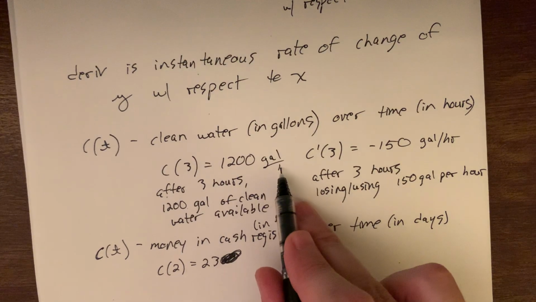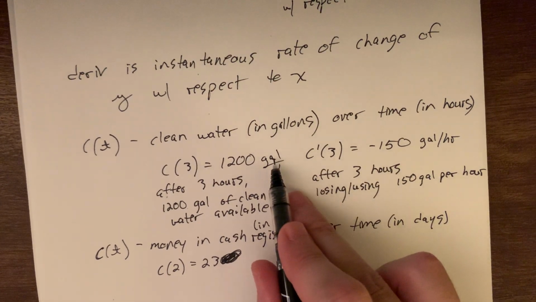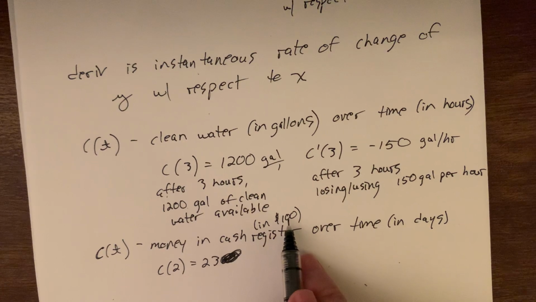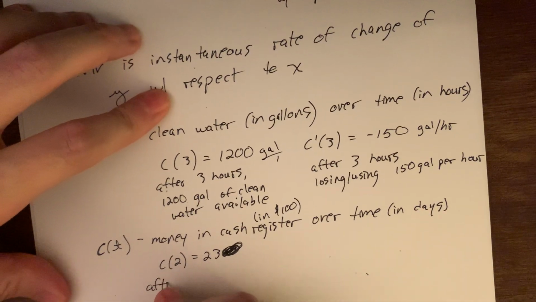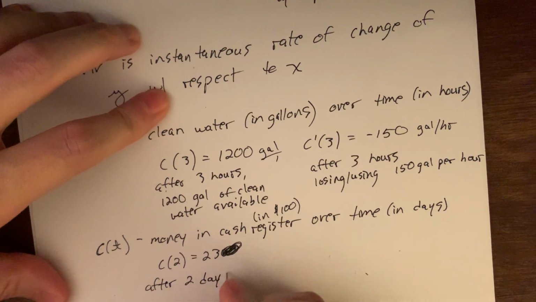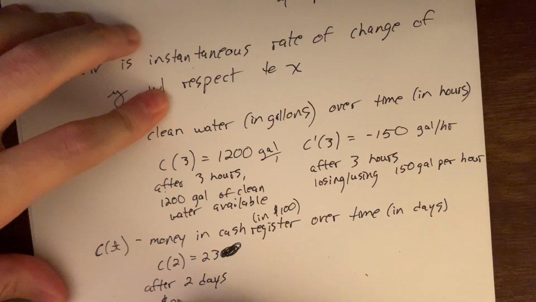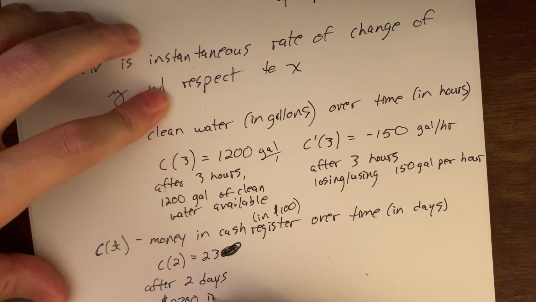Sometimes we get a little scale. It's not always just gallons. Maybe it's 1,000 gallons or 100 gallons or $100 or $1 million. So again, here, after 2 days, there's $2,300 in the register.